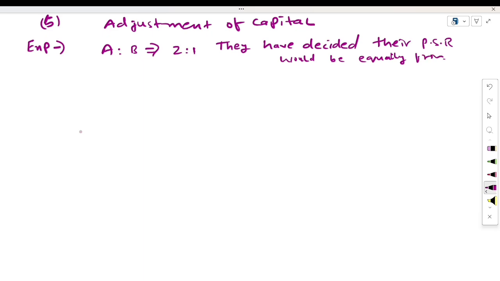Now you have to calculate the gaining and sacrificing ratio of the partners.